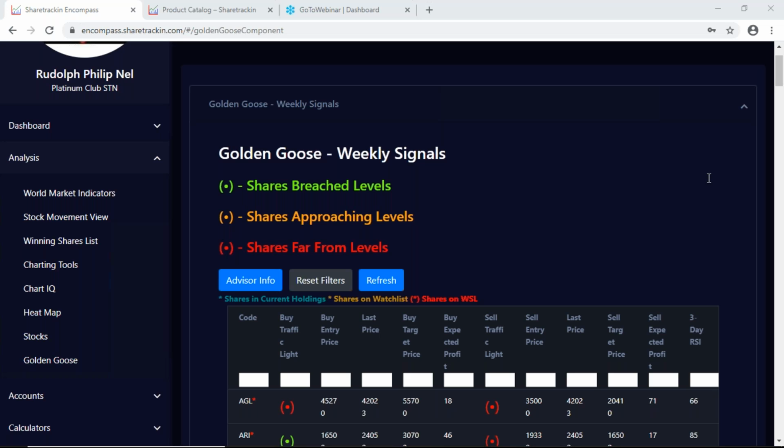So do I need to activate it on my own Compass? I have subscribed. All right, so if it's not activated yet, and you did register for it, I would suggest sending me an email to support@sharetrackin.com or info@sharetrackin.com or media@sharetrackin.com.